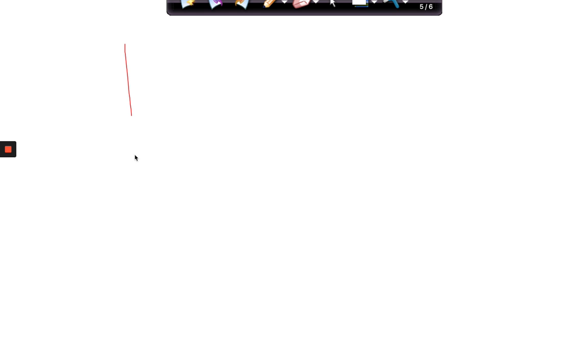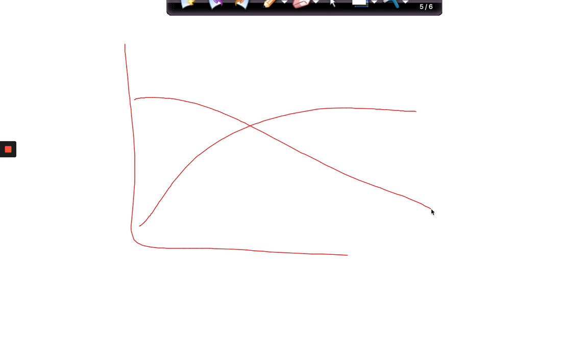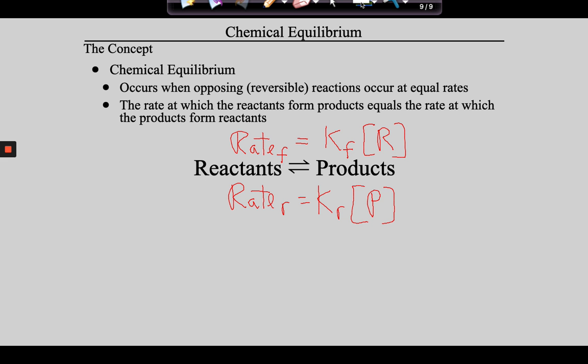Guys, do you remember when we graphed this stuff and we said that the amount of product goes up and the reactant goes down, and we drew these graphs? Guys, that's exactly what we're looking at. The amount of stuff in the tube is representative of the reactants and products. Okay, so what about this then? This one's tricky. What does this represent?